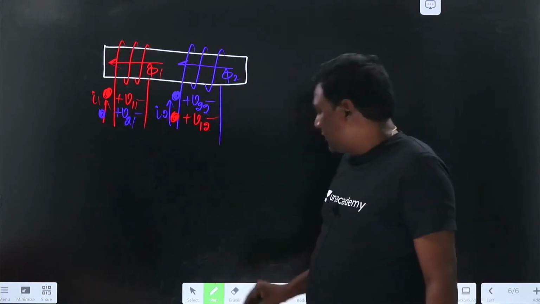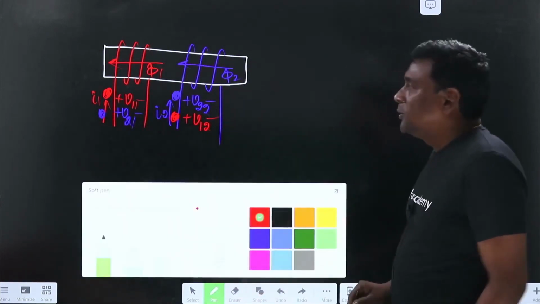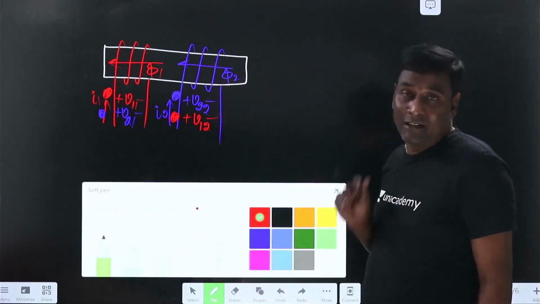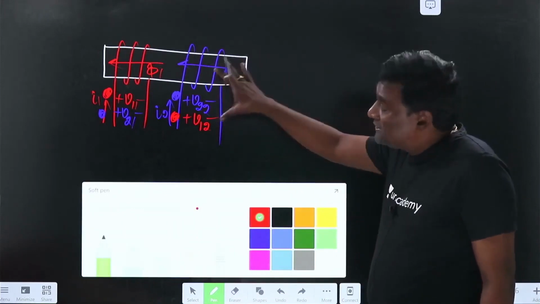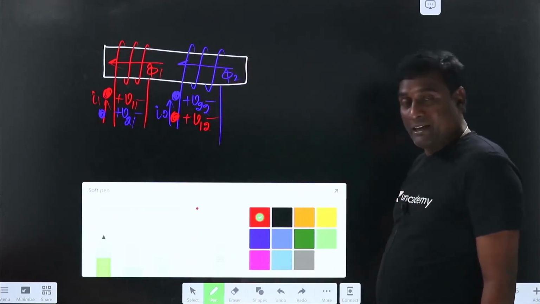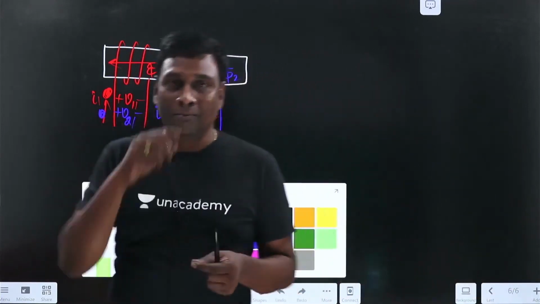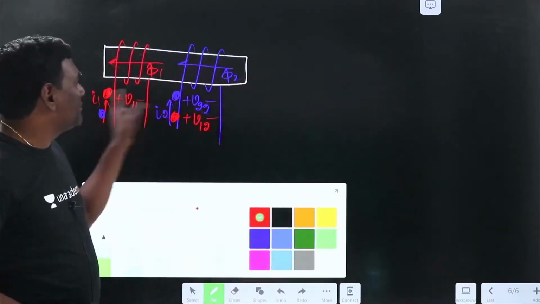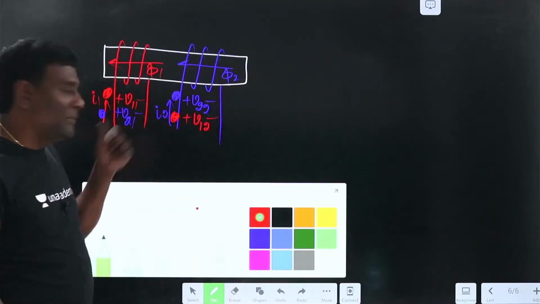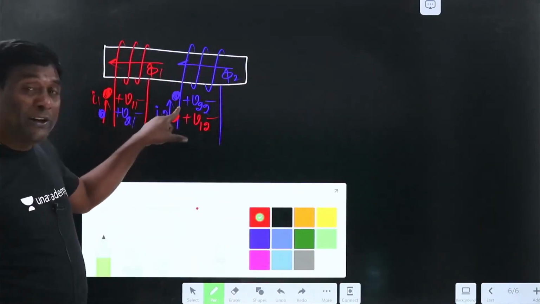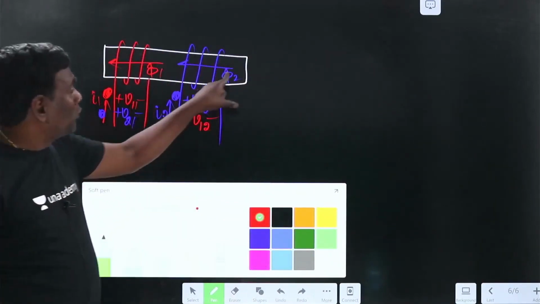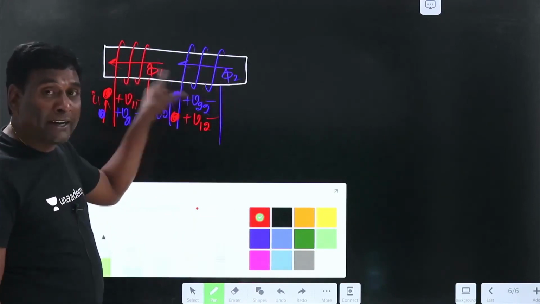Okay, once you keep the dots, forget about the analysis. Why are we converting the given thing into dot convention? Because otherwise I should always draw the sense of the winding. Without knowing the direction of the winding, current will be there, but how do we find the phi 2 direction and phi 1 direction?